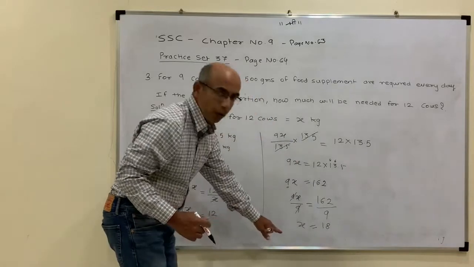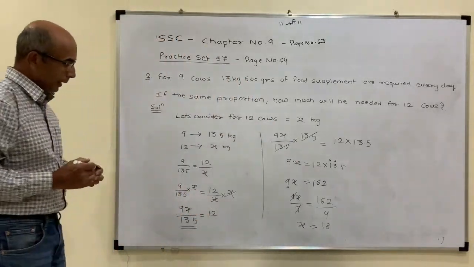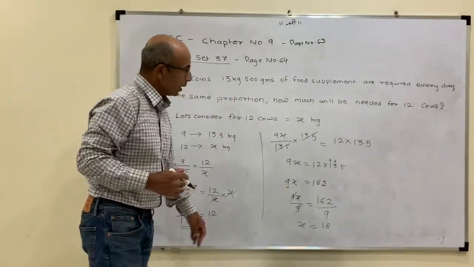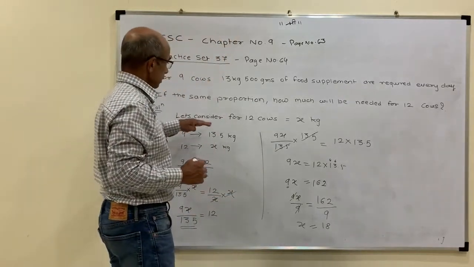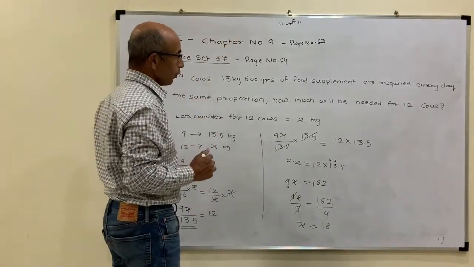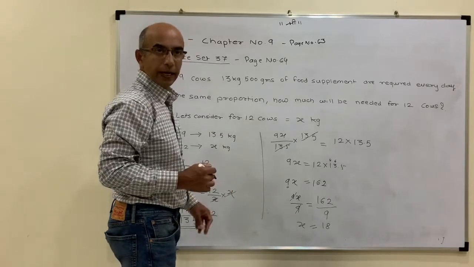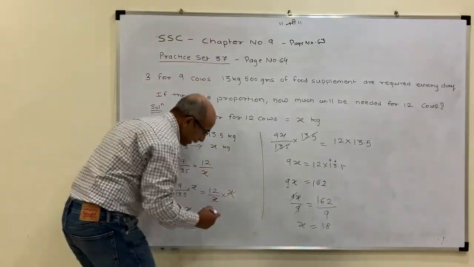So the value of x comes out to be 18. Now to write the answer in words, the food required for the 12 cows is 18 kgs.